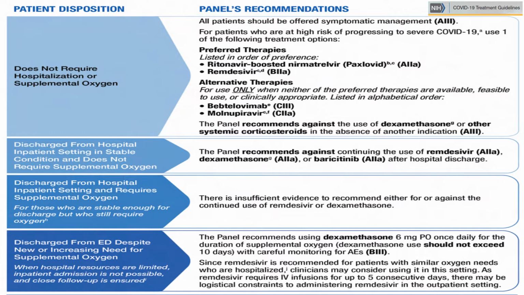And about bebtelovimab, this is a monoclonal antibody. This guideline may change in the future, but especially for monoclonal antibody, you should check the variant that is epidemic in your country at that time, whether the antibody works for it or not, because this antibody is designed for specific variants. With viral mutation, the monoclonal antibody may not work for all.